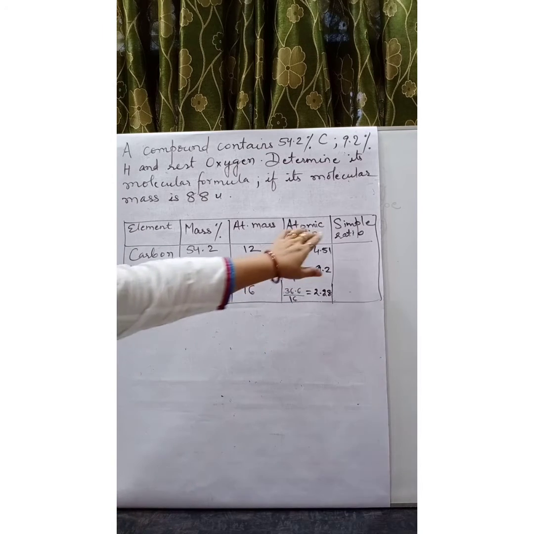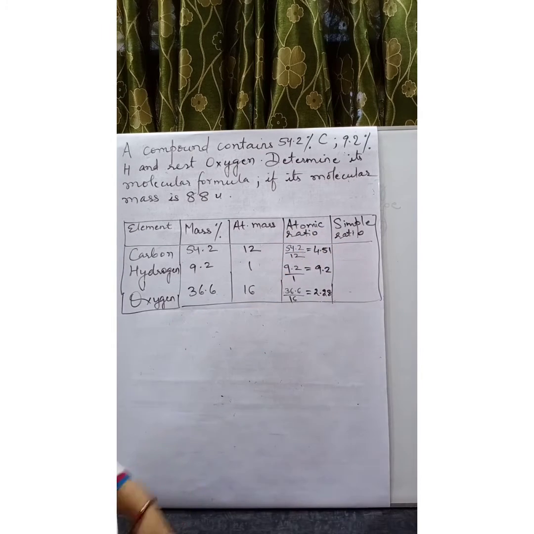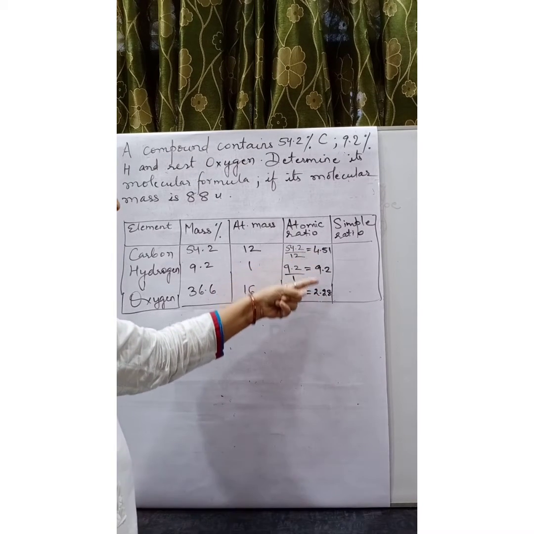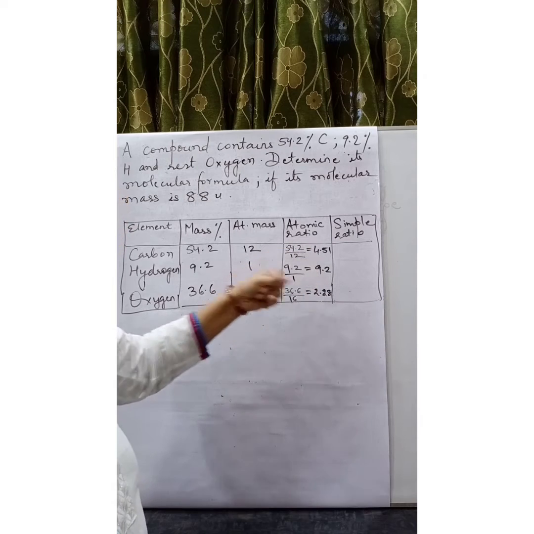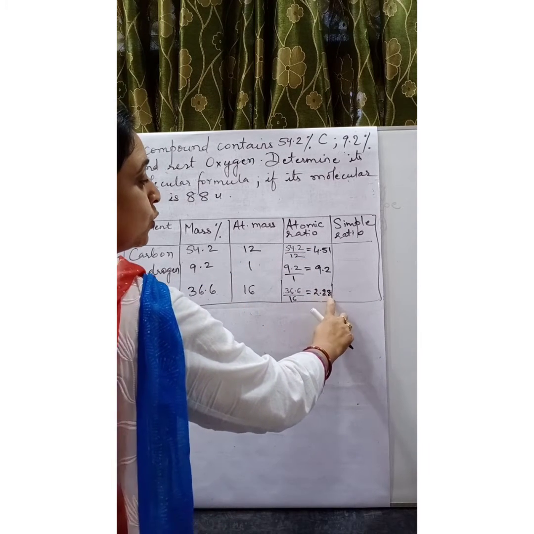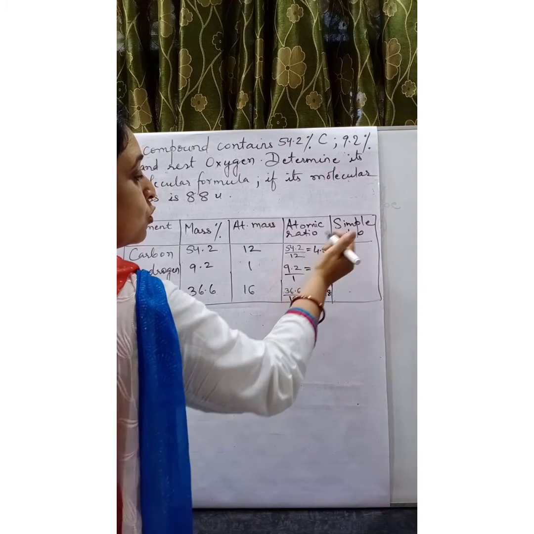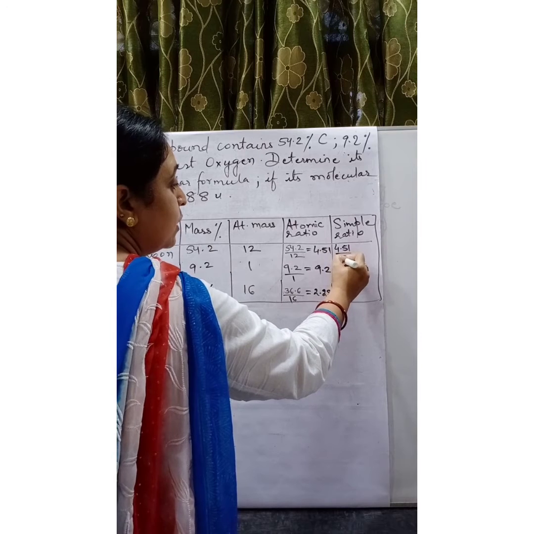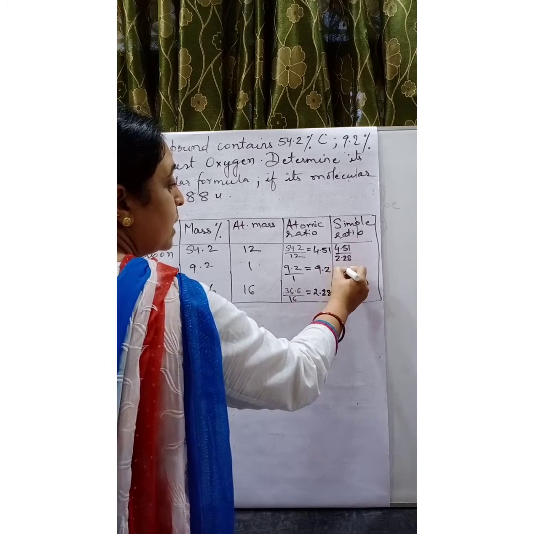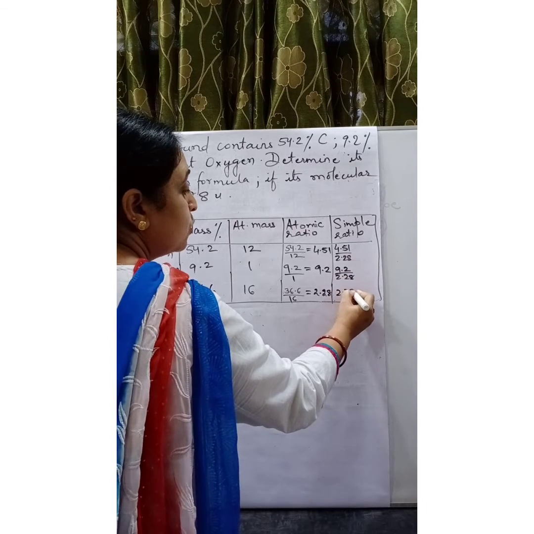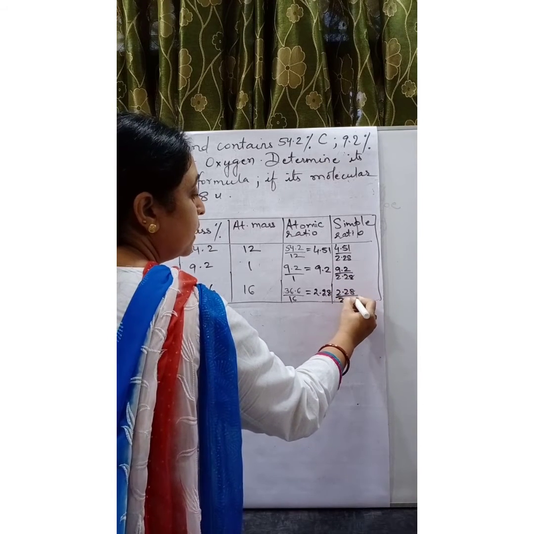Now, how to calculate the simple ratio? Look at this atomic ratio. Find the smallest of these. The smallest ratio is 2.28. Divide all by 2.28. 4.51 divided by 2.28, 9.2 divided by 2.28, 2.28 divided by 2.28.